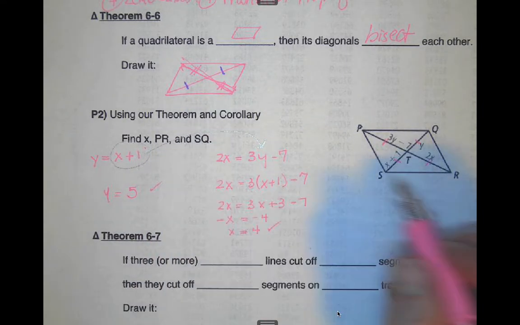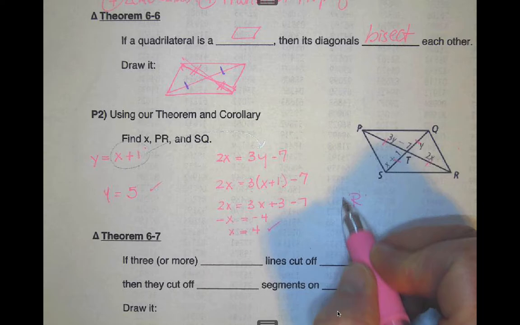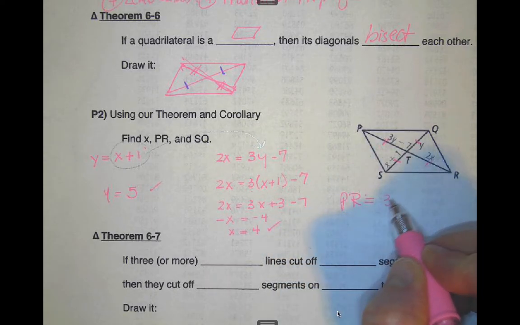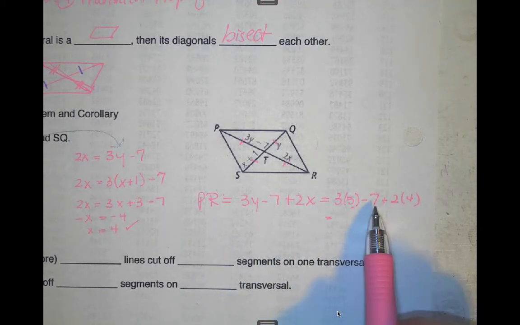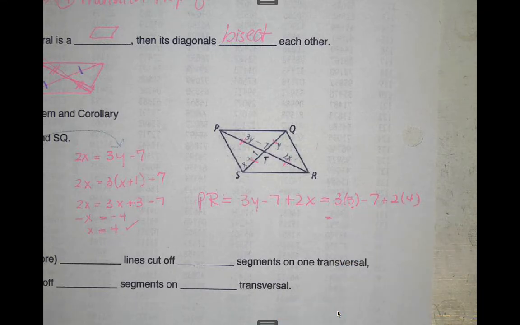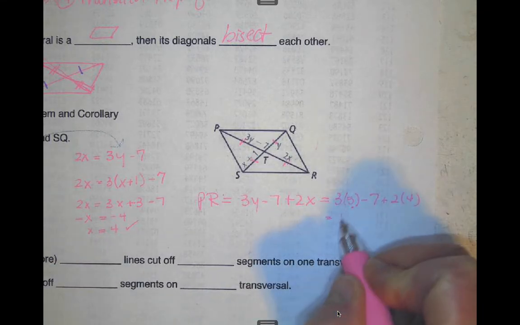PR is equal to 3y minus 7 plus 2x. So it's equal to 3 times 5 minus 7 plus 2 times 4. So that's going to be 15 minus 7 plus another 8, so that's going to be 16.